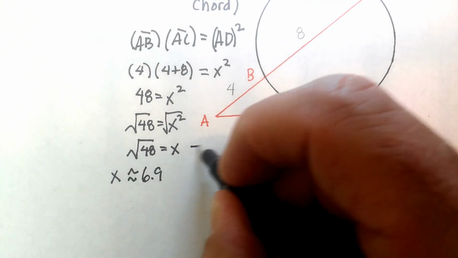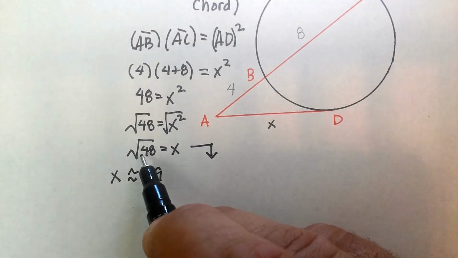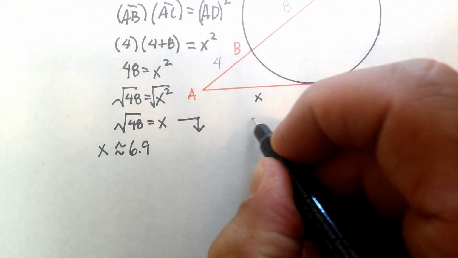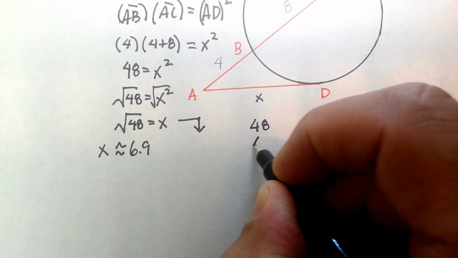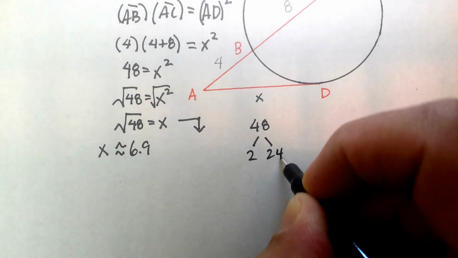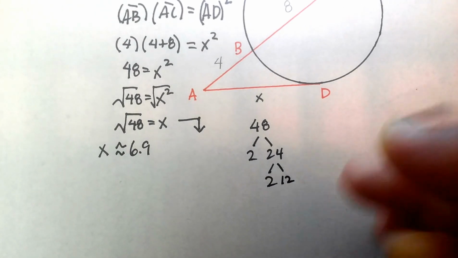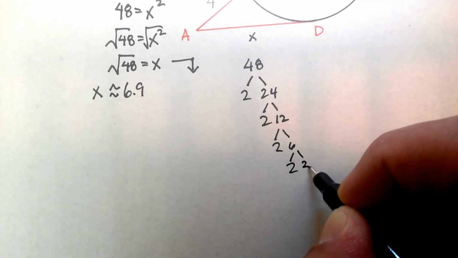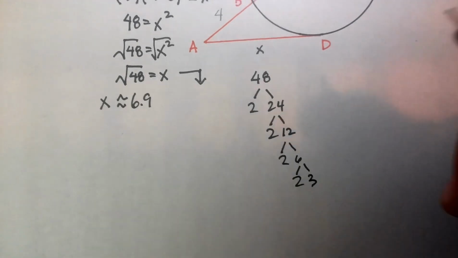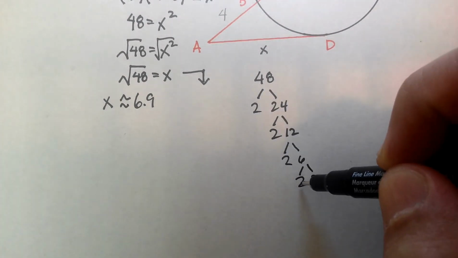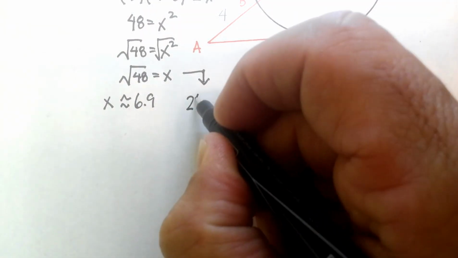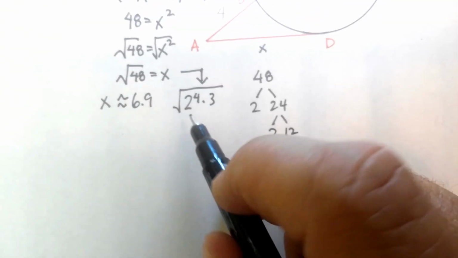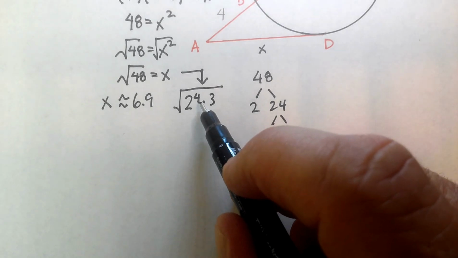And remember how to do that. You would take the prime factors of 48, and to do that, you need a number tree. So you'd say 2 times 24, 2 times 12, 2 times 6, 2 times 3. And 2 times 2 times 2 times 2 is 2 to the 4th, times 3. 2 to the 4th is actually just 16.